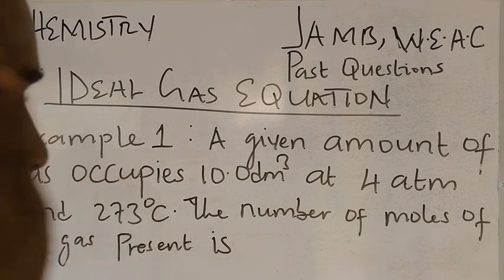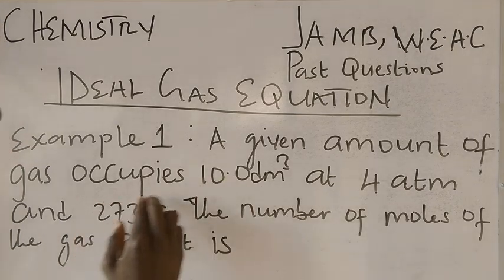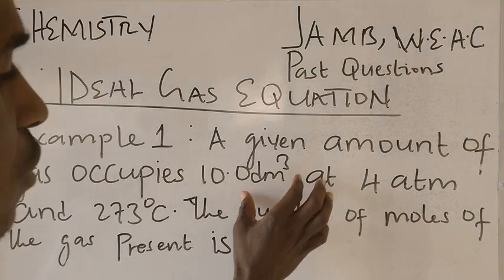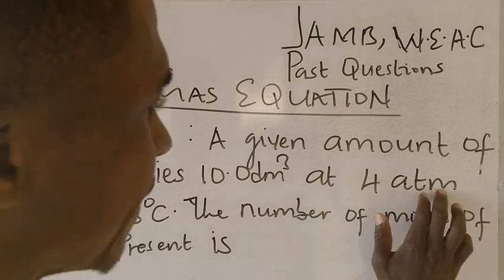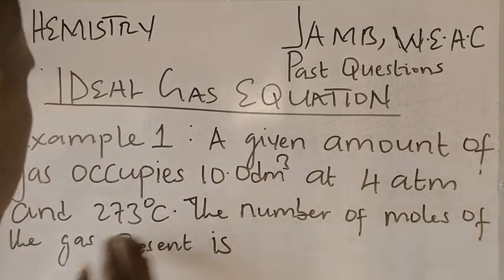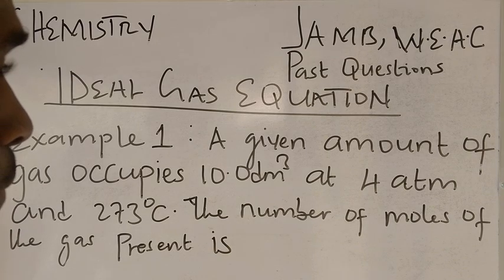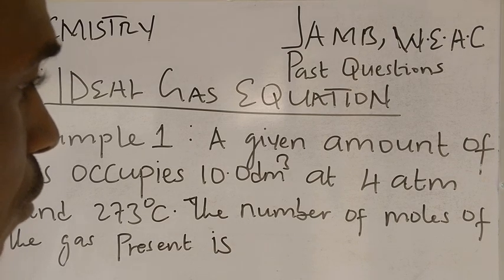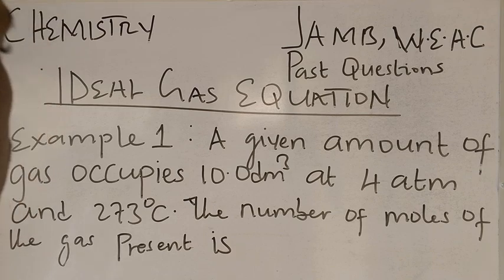Now you see that dm cube is the unit of measurement of volume, atm is pressure, and degrees Celsius is temperature. So our volume is 10, pressure is 4, then T is 273.